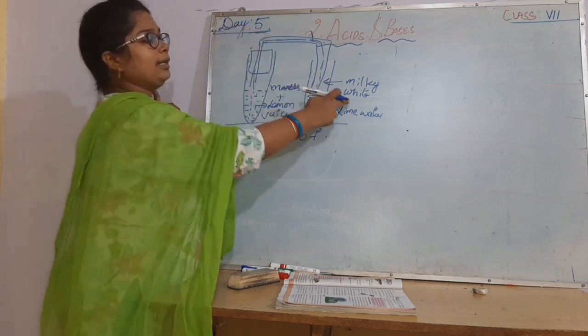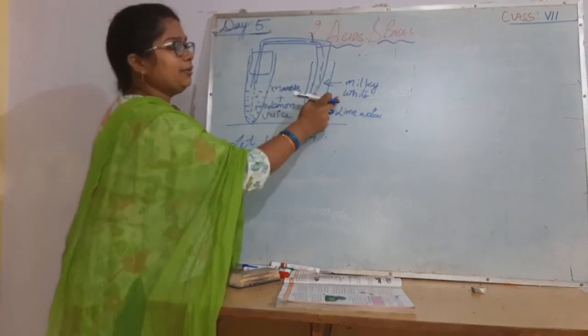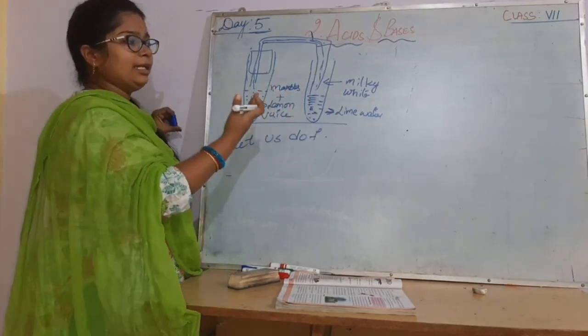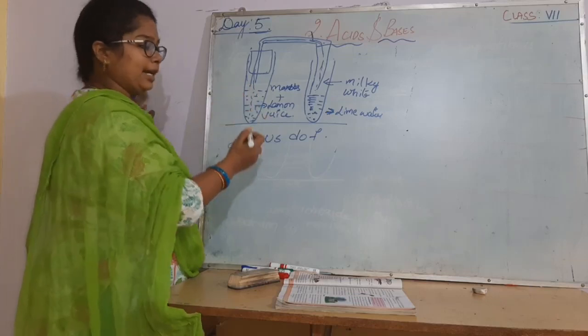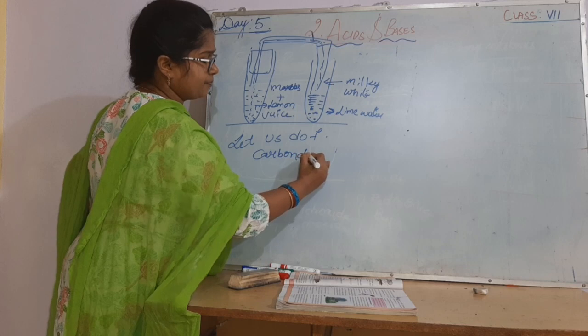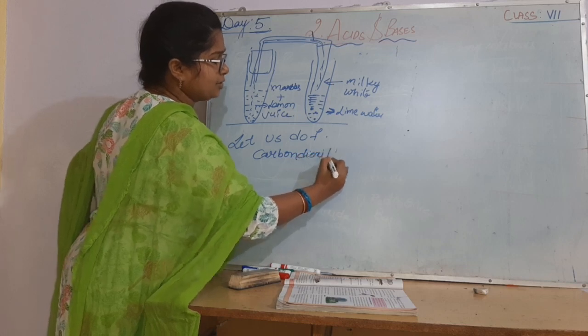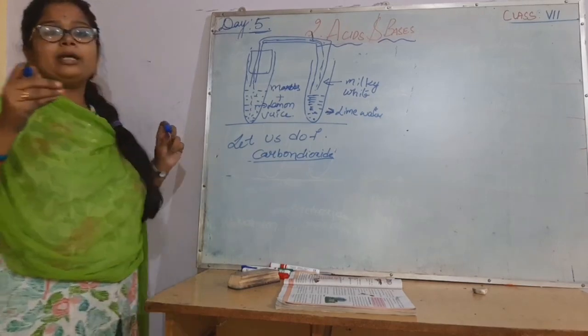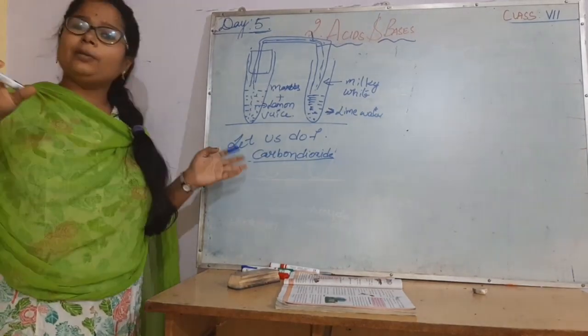Okay, so this lime water changed into milky white. When lime water changes into milky white when some gas is added, then it is said to be which? Carbon dioxide. Carbon dioxide will reduce the supply of oxygen. Even with the matchstick, if you bring a matchstick near the carbon dioxide gas, it will put off.